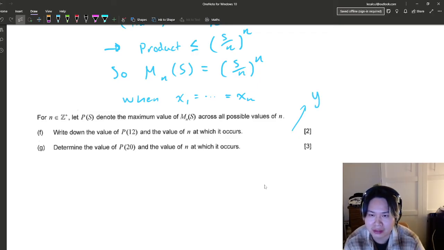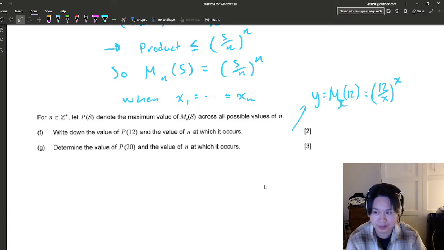So I like to graph things. So I'm graphing the maximum values according to n, and then s is 12. So this is my x essentially, my n value. And then we just follow the formula, right? 12 over x to the power of x.